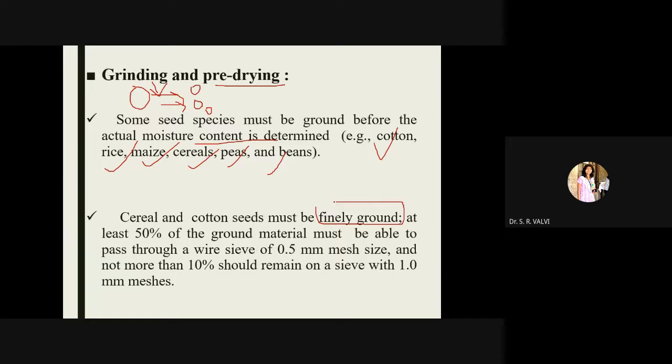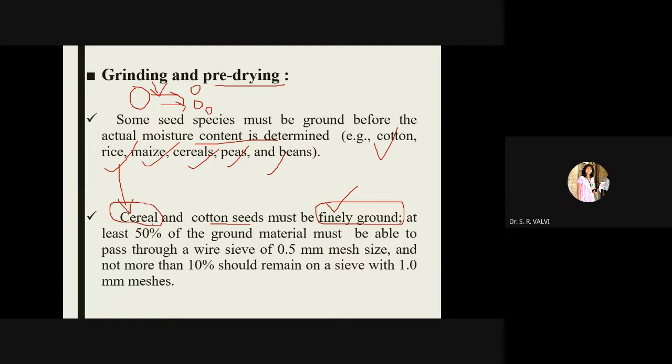Rice, maize, peas, beans all come under cereals, right? And the cotton seed must be finely ground, which means you have to break the seeds and convert them into smaller pieces, which is the finely ground material of the particular seeds.